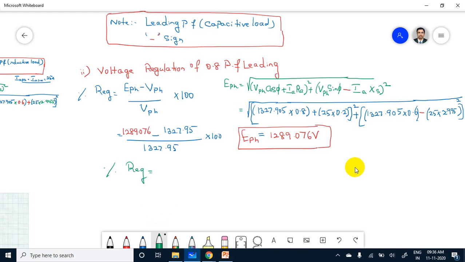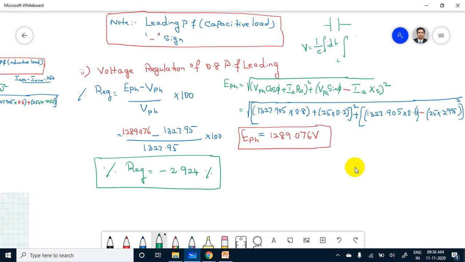Minus 2.94. Okay, why it is minus means it is a capacitive load. In a capacitor, the relationship is I_C equals 1 by C integral of I dt. By using this relationship, the capacitor has a leading power factor, in terms of minus symbol.